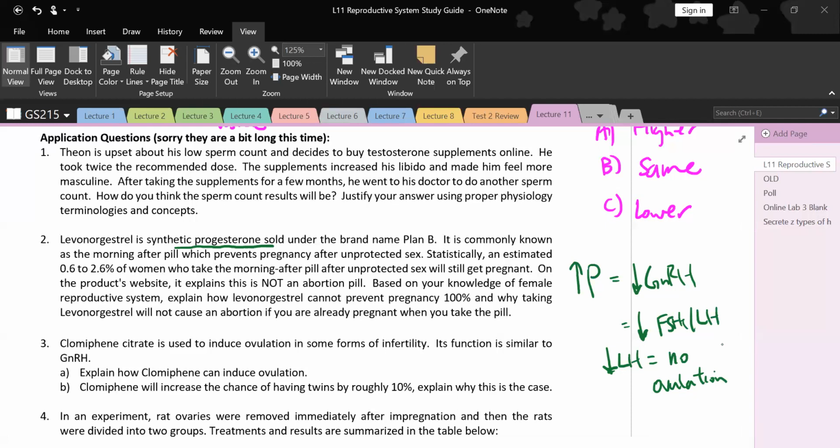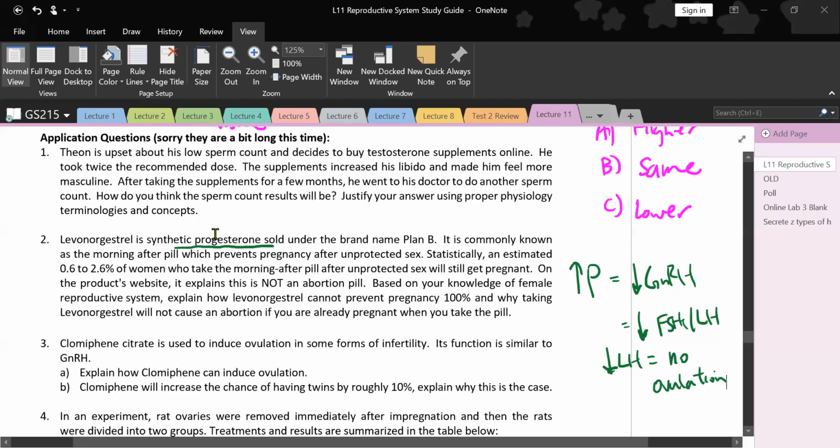So if a person has unprotected sex, they want to make sure that there is no egg anywhere in the fallopian tube, with the sperm inside the body now. If you take this synthetic progesterone the morning after, that prevents ovulation from happening if it hasn't already happened.